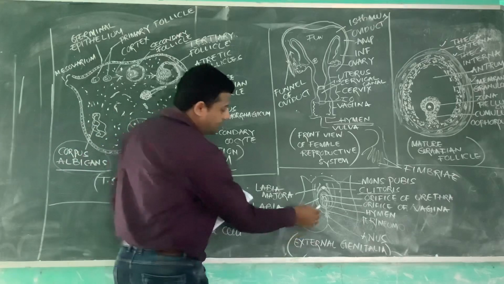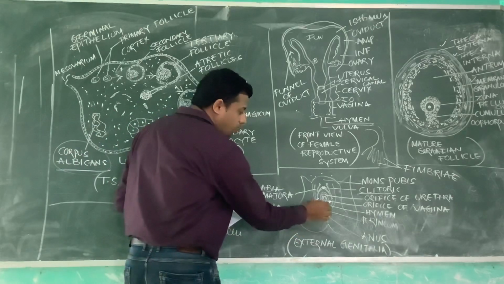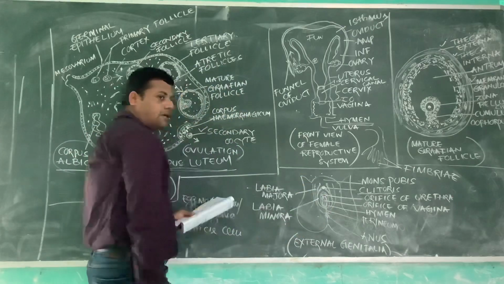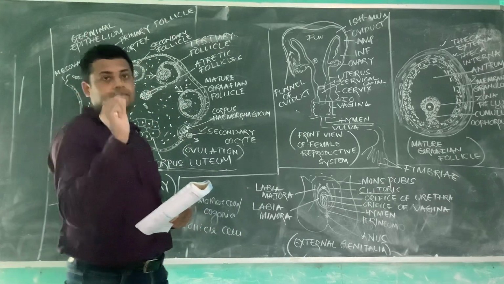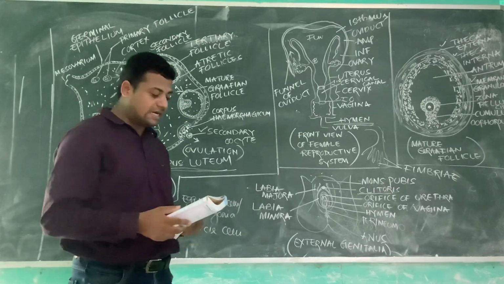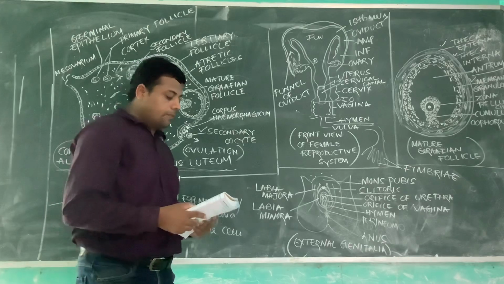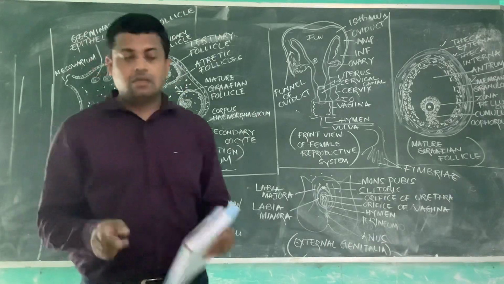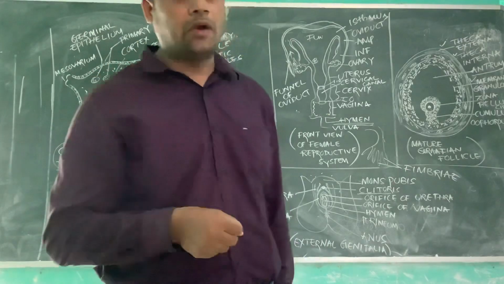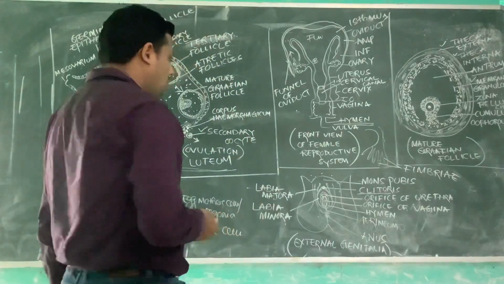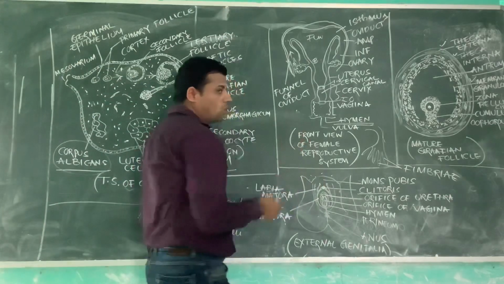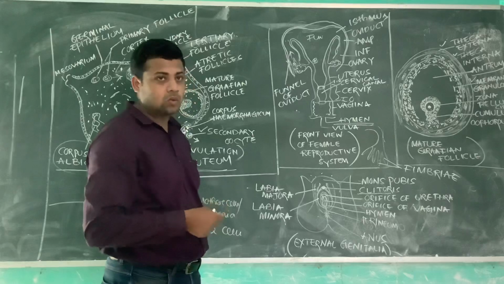Look at the diagram. On both sides of the vaginal orifice, we find two bean-shaped glands called Bartholin's glands. These glands secrete a lubricating fluid which lubricates the wall of the vagina at the time of coitus or sexual intercourse.